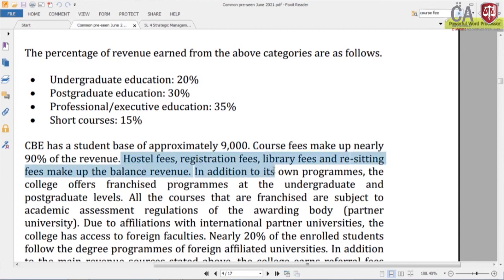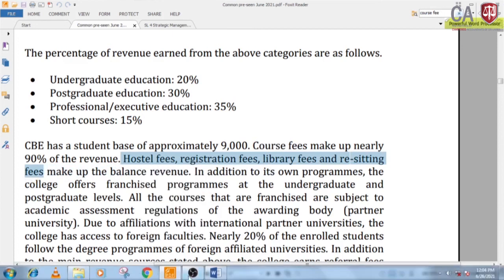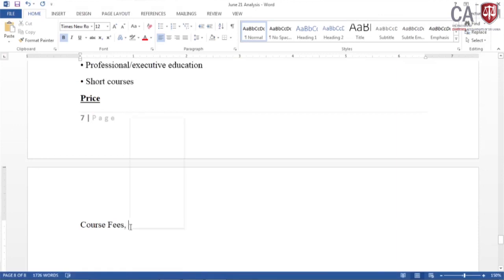This is hostel fees, registration fees, library and visiting fees. These are part of the pricing.